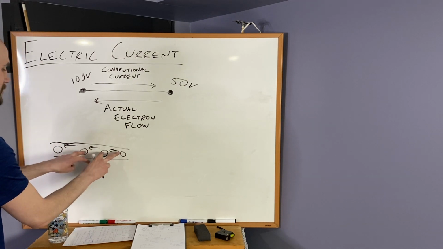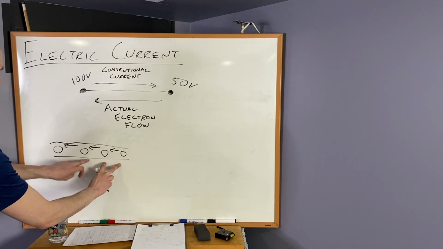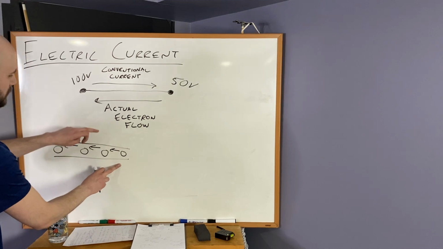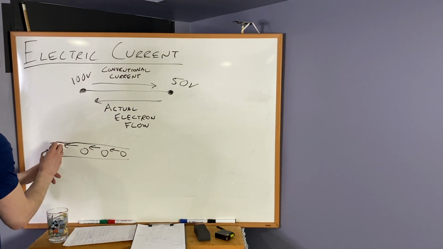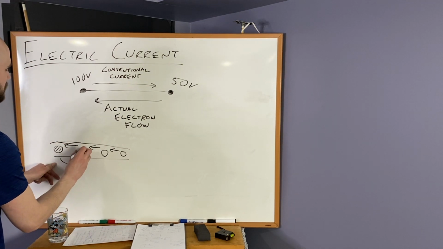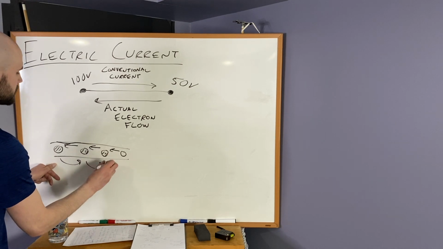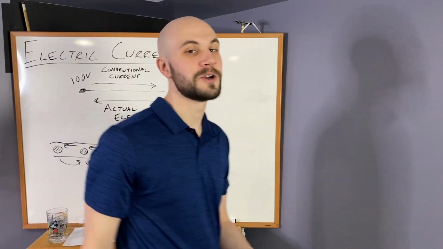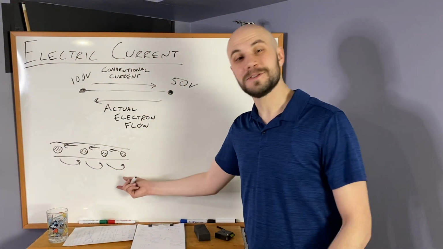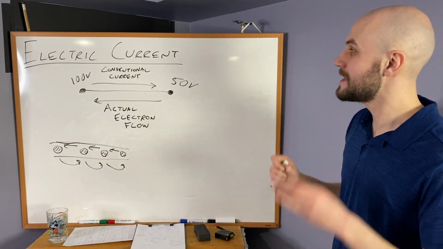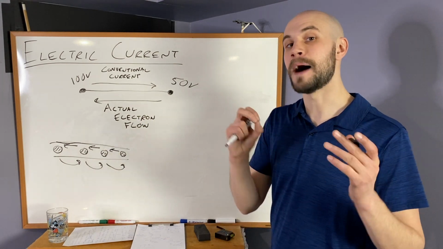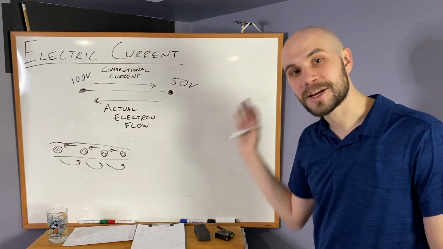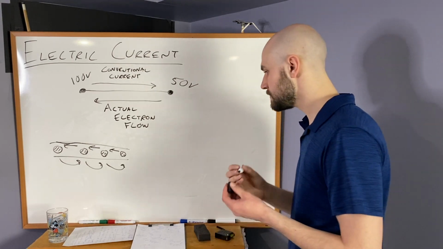Let's say these three locations have electrons, and then this one moves over, and then this one moves over, and then this one moves over. What's really happening is we're tracking the hole as it bounces from one location to another. And that's because of the frame of reference that we chose. If this confuses you, don't worry about it too much. Just remember that the conventional current is the direction a positive charge would want to flow inside of a circuit, and that electrons are actually flowing in the opposite direction. Something to keep in mind.